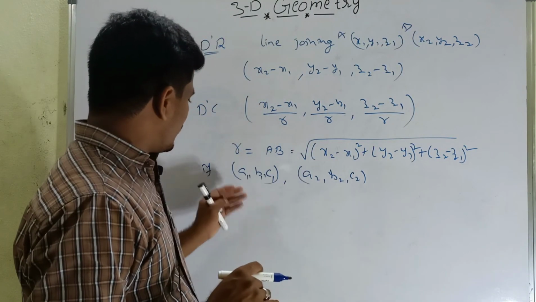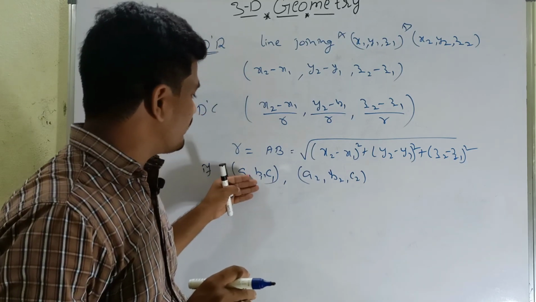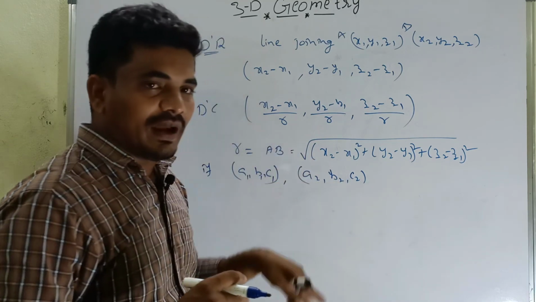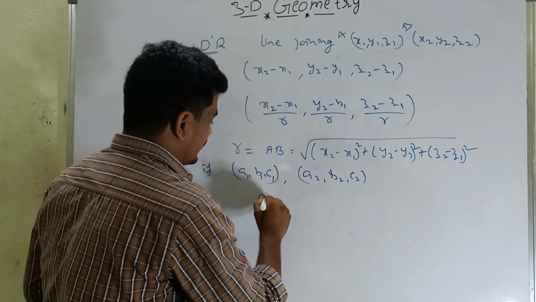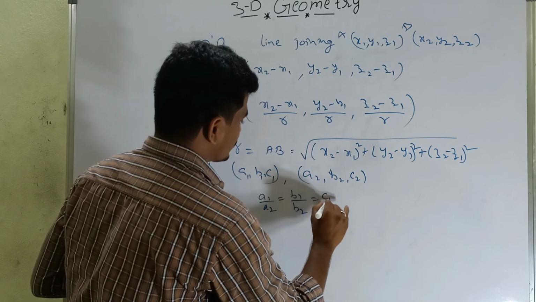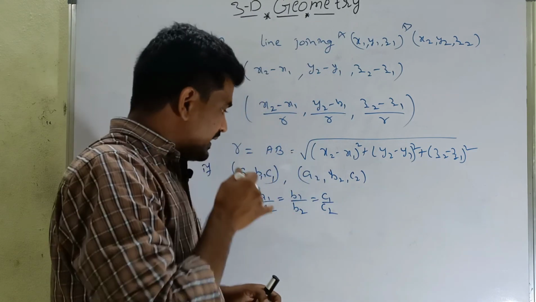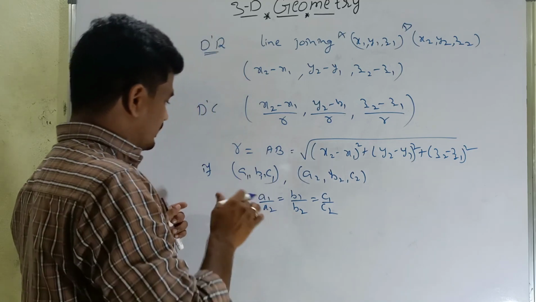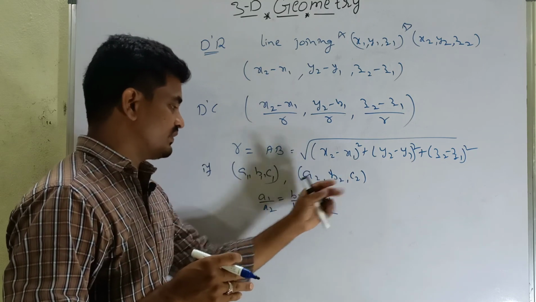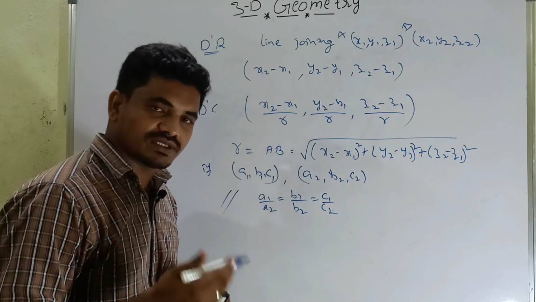Okay, now if 2 lines have direction ratios a1, b1, c1 and a2, b2, c2, then if the 2 lines are parallel, we can take a1 by a2 equals b1 by b2 equals c1 by c2.